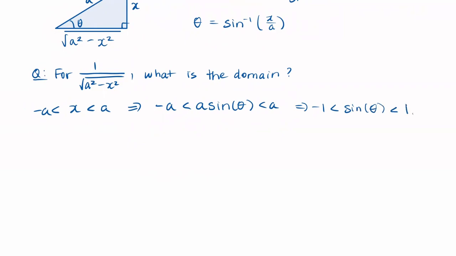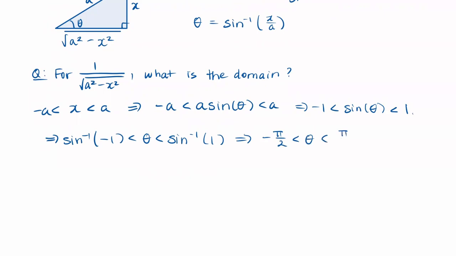So that means if we take the sine inverse on all three sides here, we see that the sine inverse of negative 1 is less than theta, which is less than the sine inverse of 1, which then turns out to be negative pi over 2 less than theta less than pi over 2.